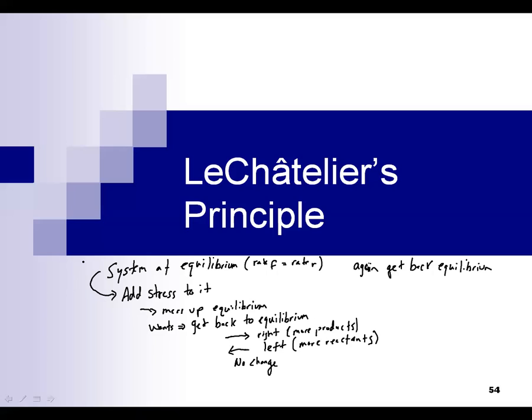So if you think of this as position number one, and then once everything settles out, it goes to the right, it goes to the left, it will be able to once again reach equilibrium. Any questions on that there?